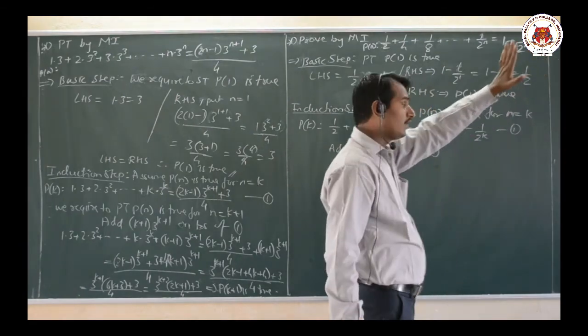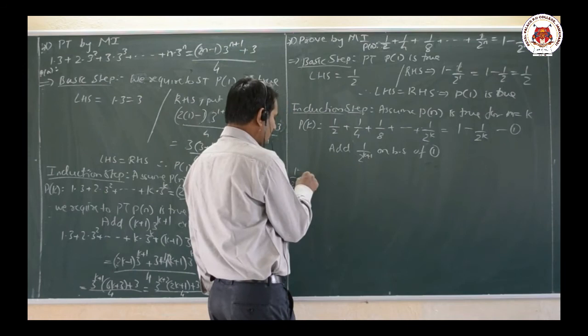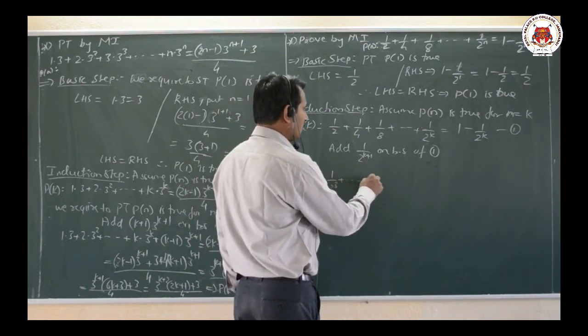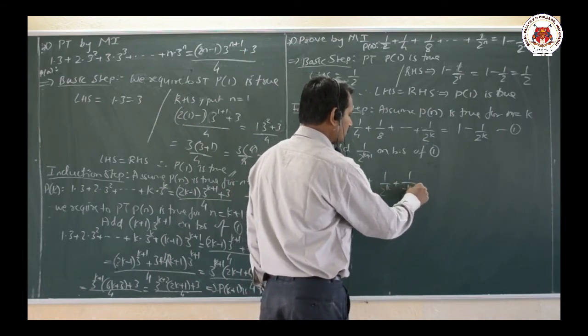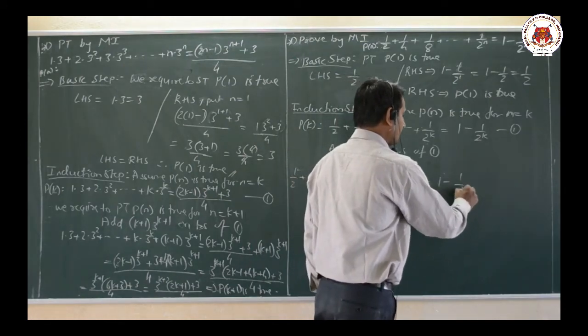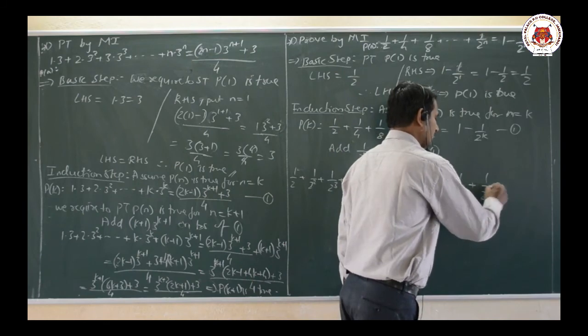Now what we get here? That is 1 by 2 plus 1 by 2 square plus 1 by 2 cube, till 1 divided by 2 raised to k, plus 1 divided by 2 raised to k plus 1, which is equal to 1 minus 1 divided by 2 raised to k plus 1 divided by 2 raised to k plus 1 here.